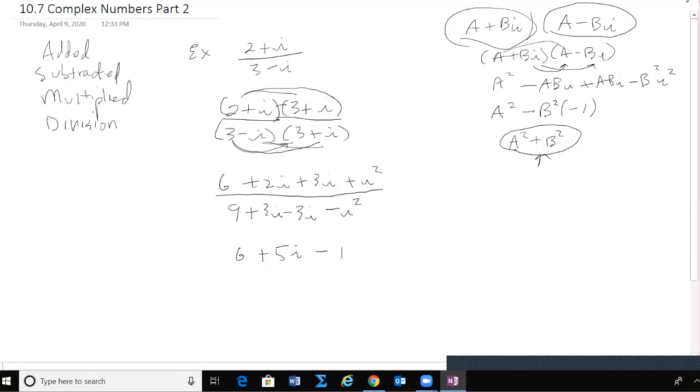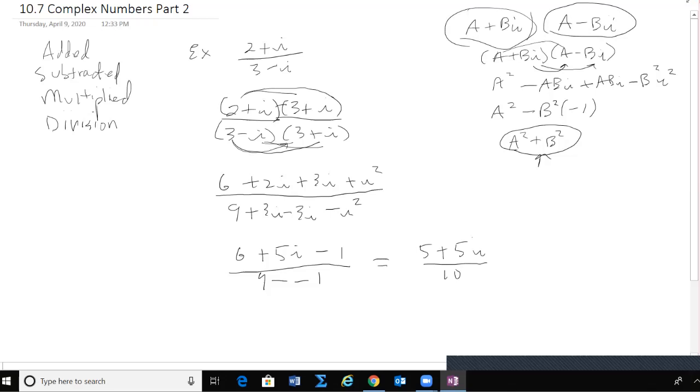Okay, so that's from the numerator. And then down here, you're going to have the 3i's cancel. You've got a 9 minus negative 1, because that i squared is a negative 1. So that will finally give us 5 plus 5i over 10.